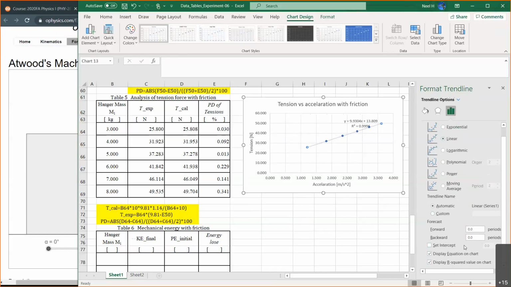Instead, click on backward, add a value like 1 and extrapolate the graph in the backward direction. Put maybe 1.3, and then you can pinpoint the crossing point to make sure the graph is actually not passing through the 0, 0 point.